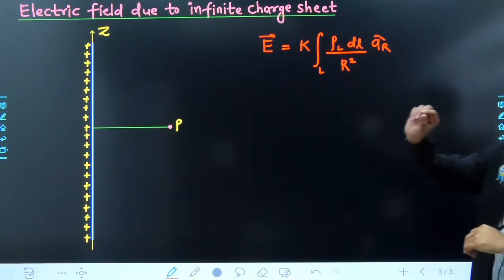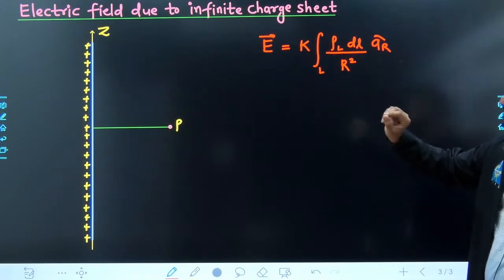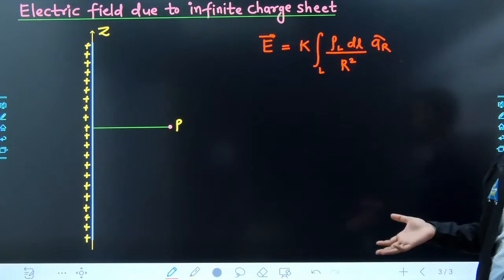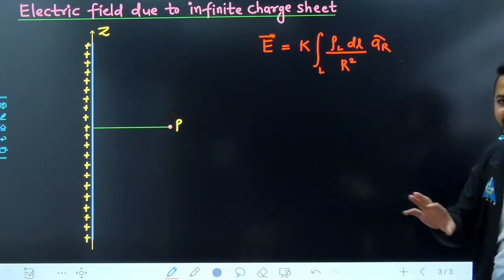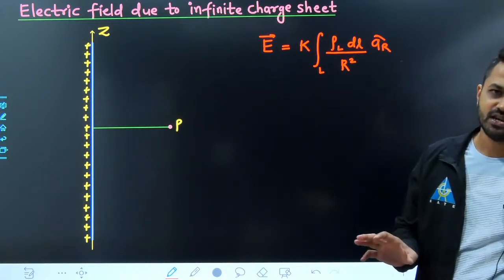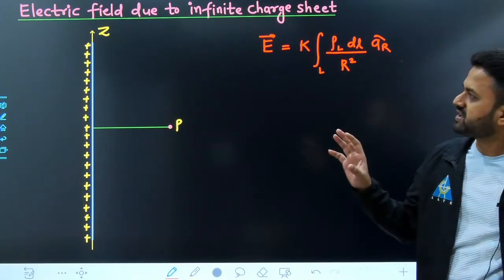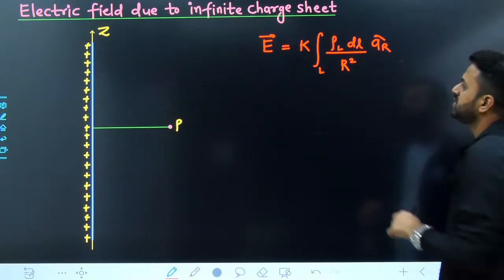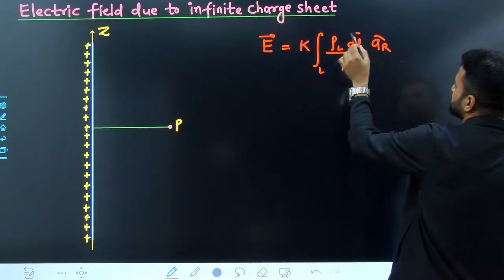So if you want to calculate the electric field because of any kind of line charge, whether it is finite or infinite, we don't need to study the finite length line charge. We are only concerned about the infinite long line charge. So first of all, you have to select the dl.